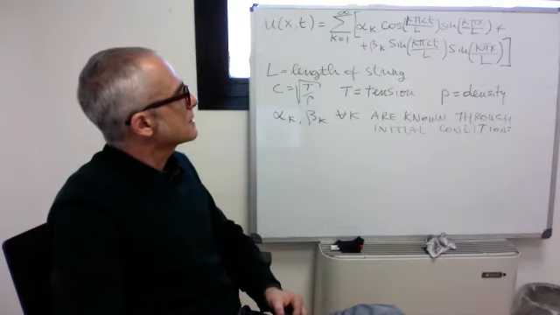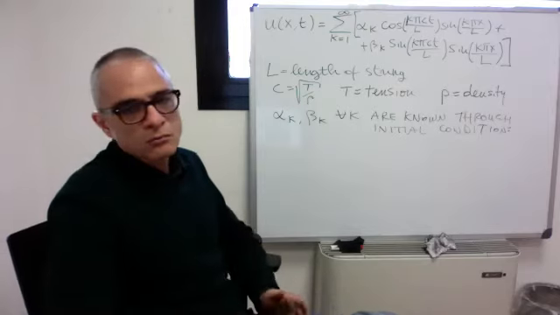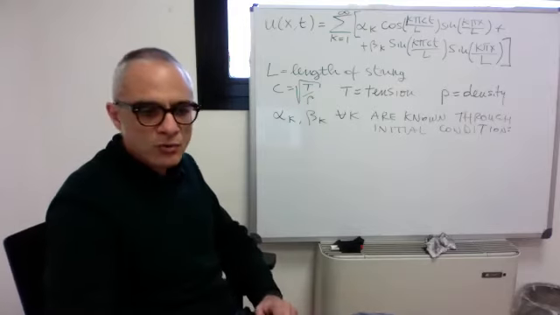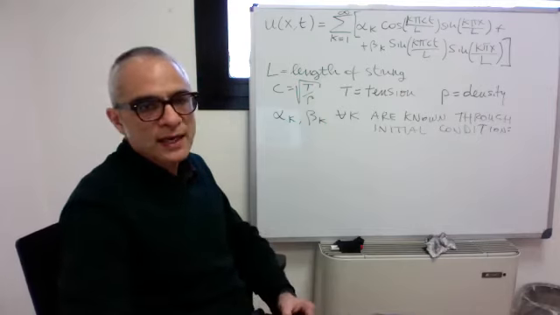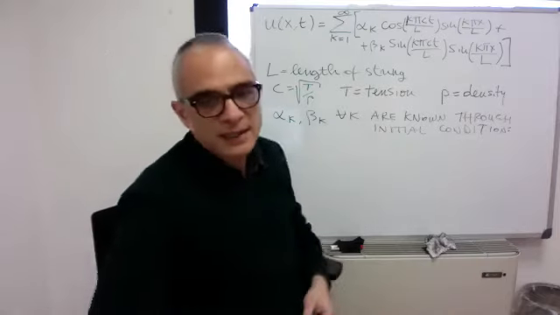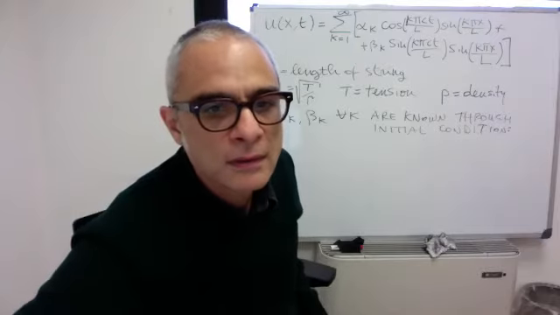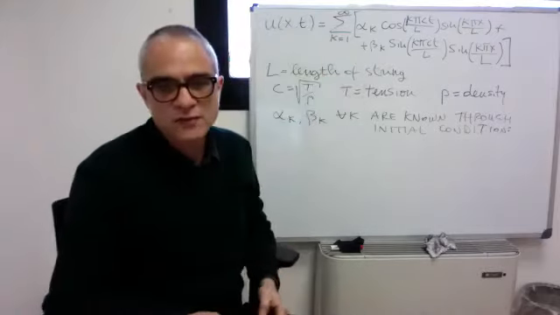So let's see, how can I show it to you? Well, let's think of a strange case, for example, where all the values of alpha k and beta k are 0, except for the first one.